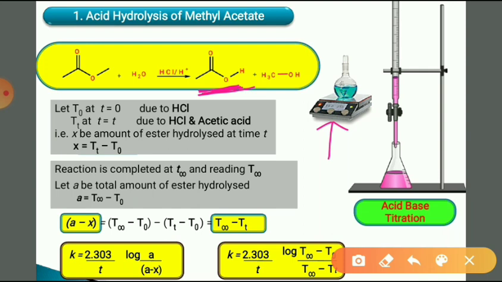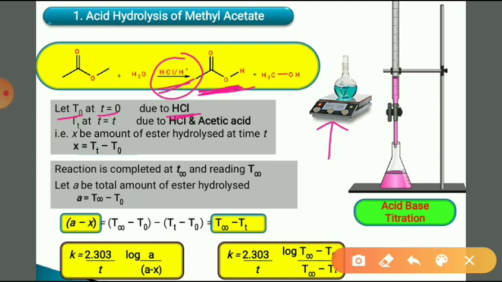In the example we have taken, the reaction is carried out in the presence of an acid catalyst. So at the beginning of the reaction a small amount of acid is present. Whatever end point or titrating reading is obtained will be denoted as T0, because it is due only to the HCl present in the reaction.